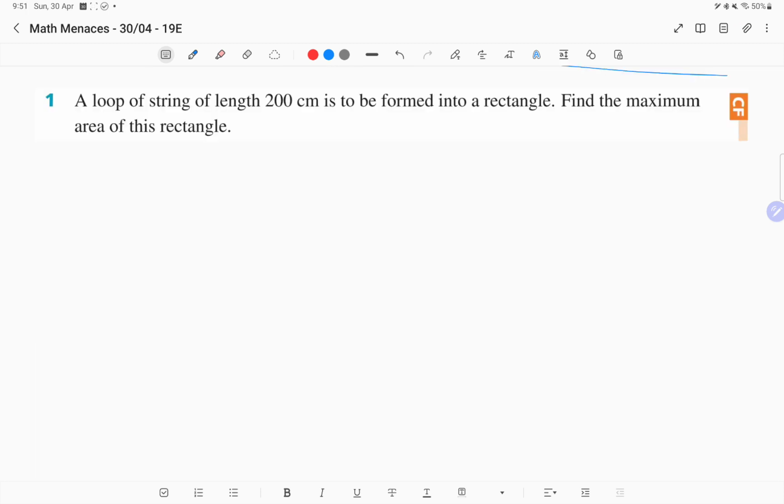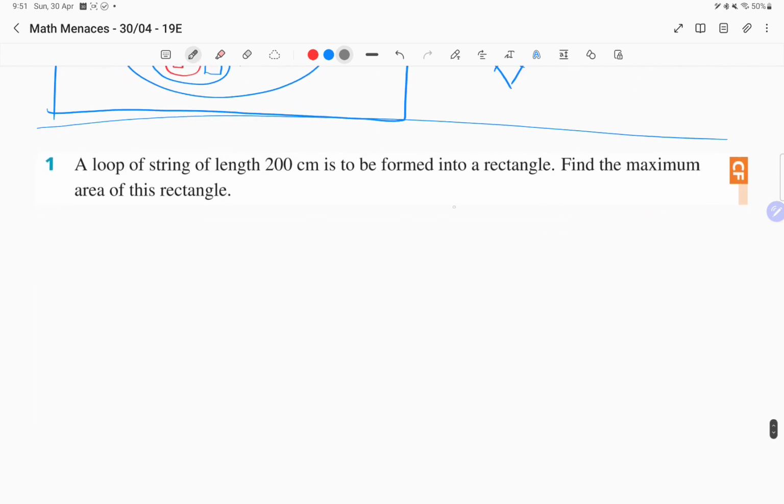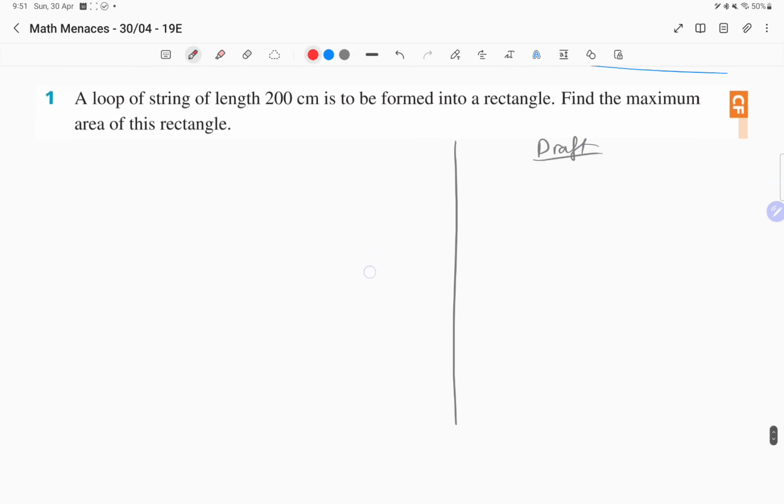Alright, I'm going to slowly walk through this question now, and when I'm done, I'll start explaining it. Similarly, I will use two columns. The left column is my actual working, the right column will be my draft paper.